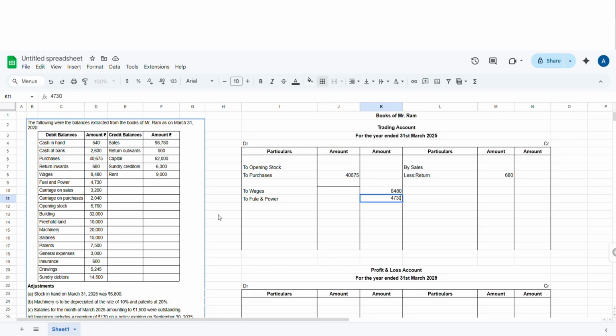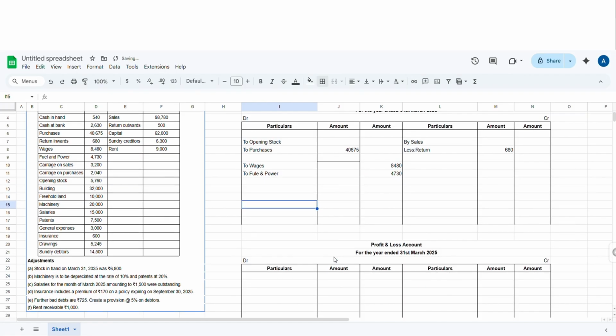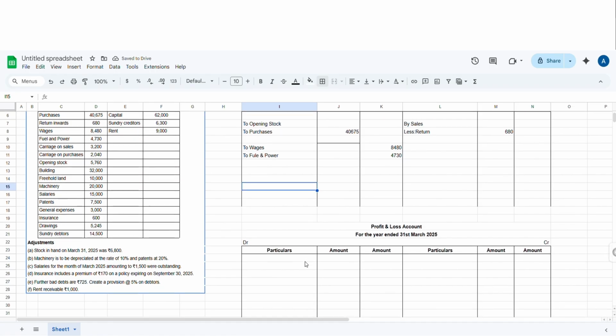Next we have carriage on sales, that is indirect expenses, because it is related to sales. We have carriage on purchases also. This is direct, carriage inward, and carriage on sales is carriage outward. So it is P&L account debit side, to carriage outward, carriage on sales 3,200.